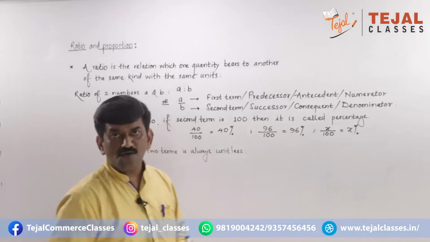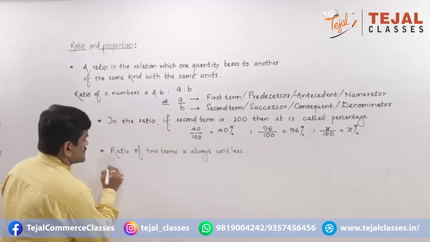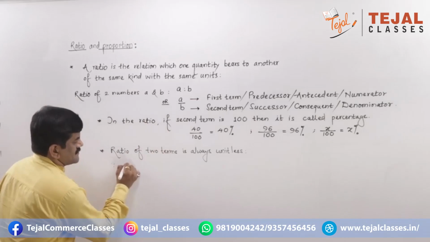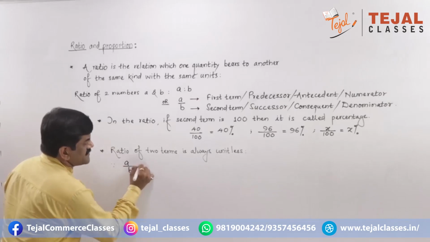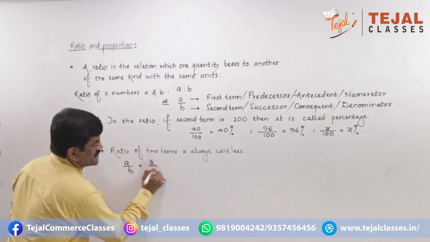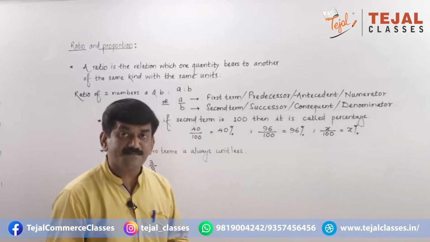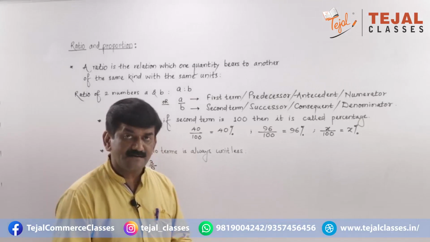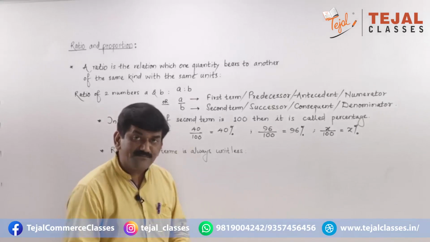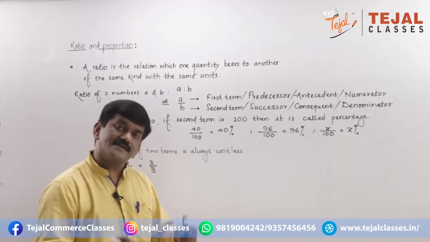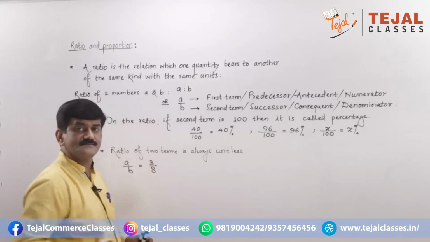How? Watch carefully. Since A upon B equals 3 upon 8, we can write by multiplying numerator and denominator by the same non-zero number, and again you will get the same answer.